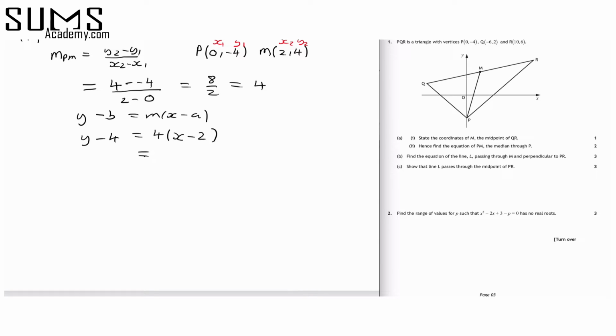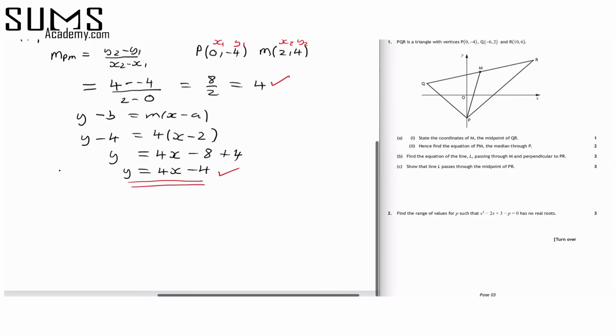So y equals 4x minus 8 plus 4, which is y equals 4x minus 4. That's your final answer there. That's 2 marks: 1 mark for calculating the gradient and 1 mark for the right answer. Okay, now part B.